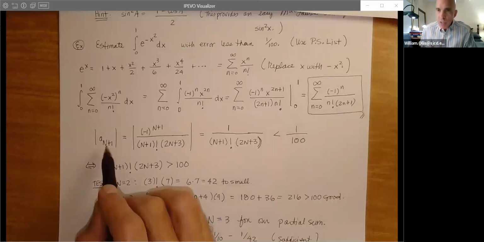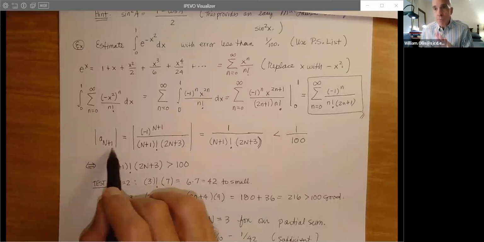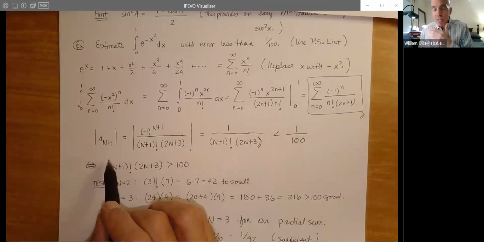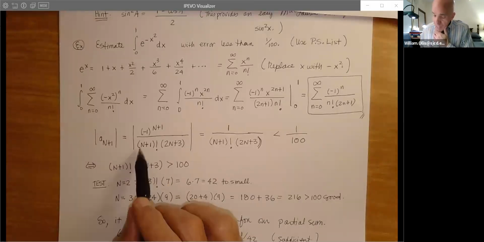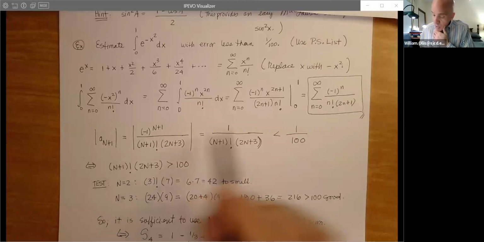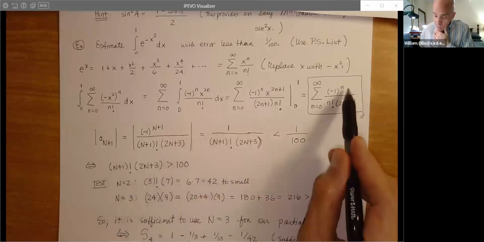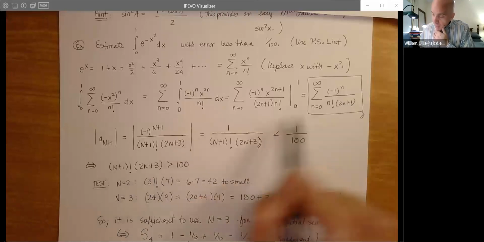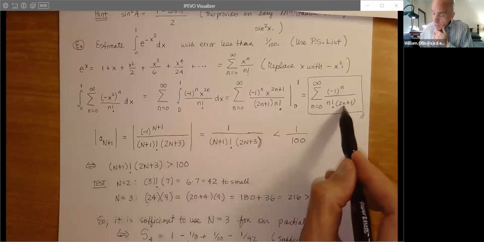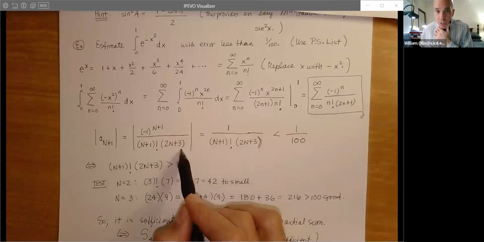It's only as good as the size of the first neglected term. For the first neglected term, we want n plus 1, which is past the n that we need, so we replace n with n plus 1. Here n plus 1 gives us 2n plus 2 plus 1, which is 2n plus 3.